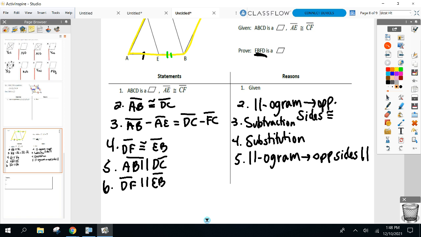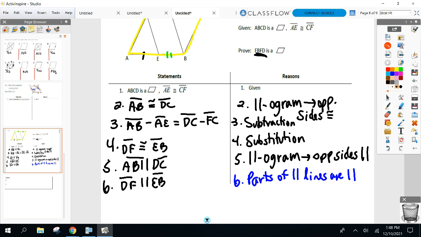This is one of the two theorems we're going to use. Parts of parallel lines are parallel. So if you want to say the smaller segments, that's what I'm going to use.